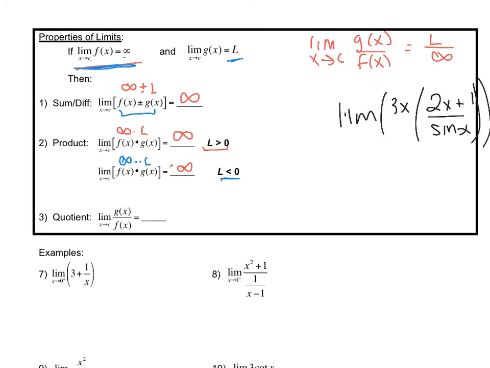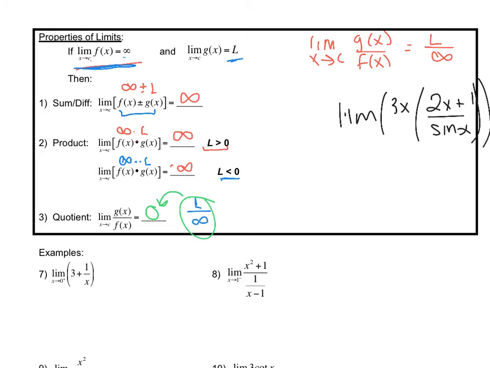So that means when I'm finding the combined limit of g over f, what I'm really doing is taking some specific real number, L, and dividing it by an infinitely large number. And you know that if you take any real number and divide it by something that's growing larger and larger, the whole quotient is going to approach 0.